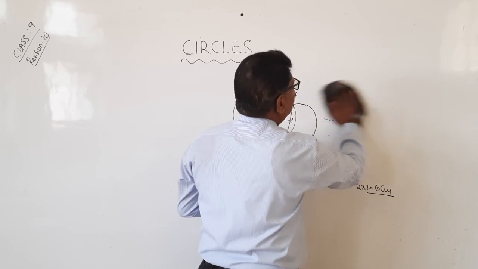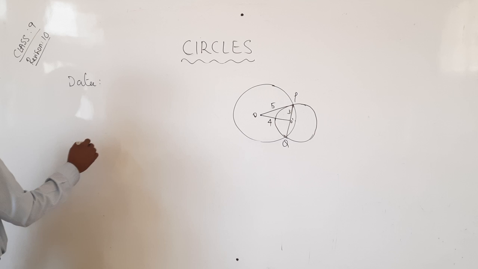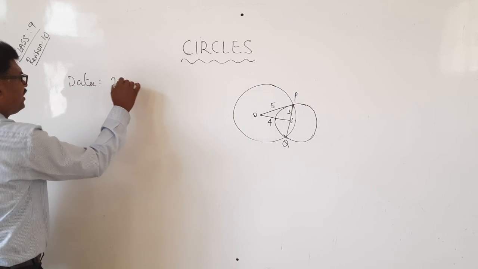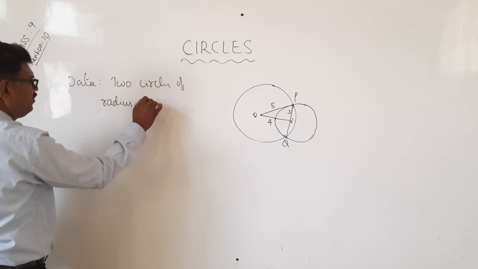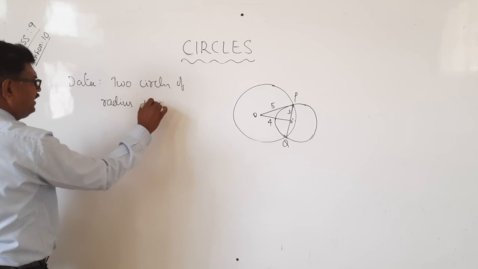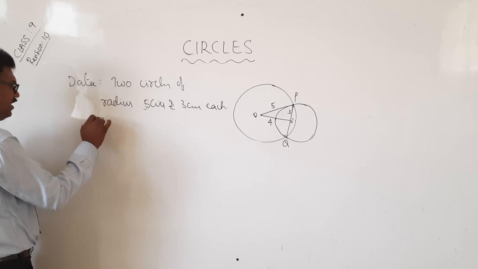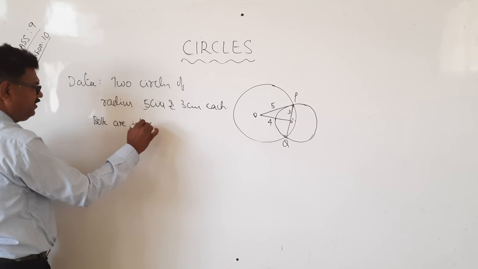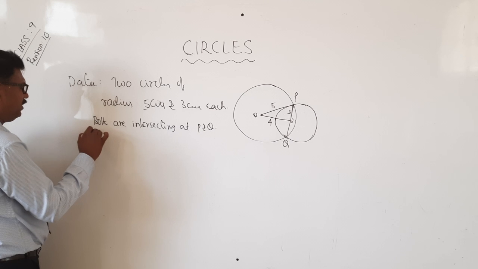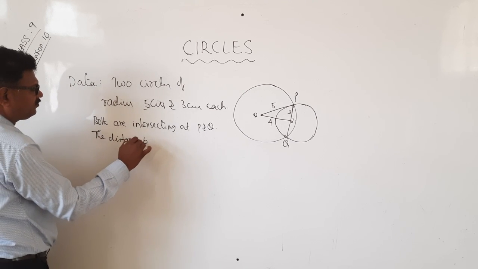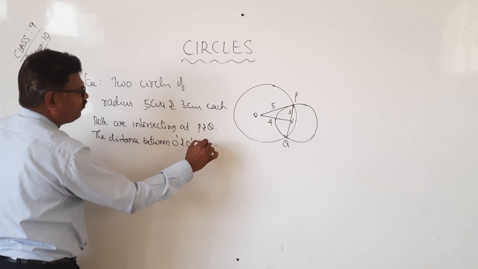So very simple. First write the data. What he has given in the data: two circles of radius 5 centimeters and 3 centimeters each, both intersecting at P and Q. The distance between O and O dash is 4 centimeters.